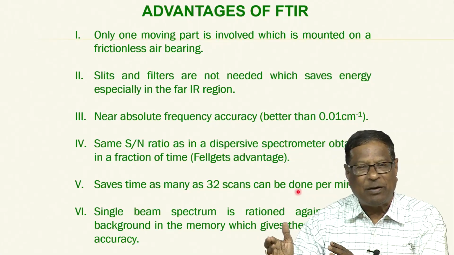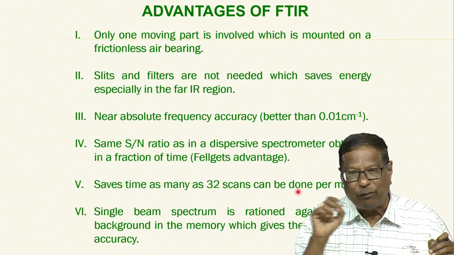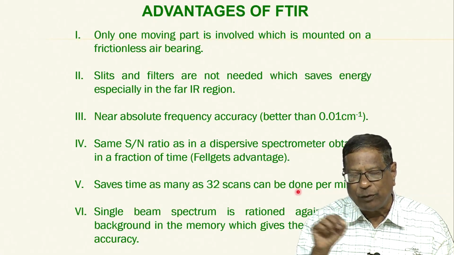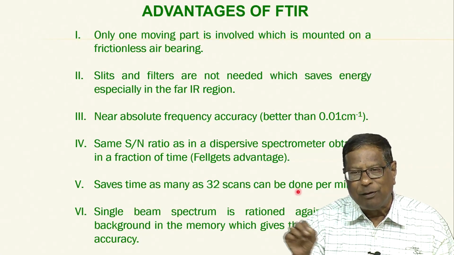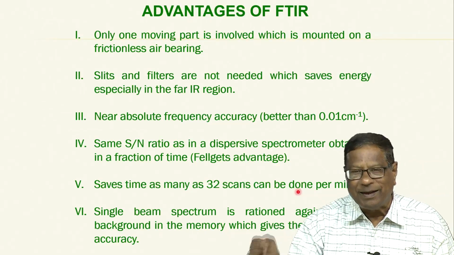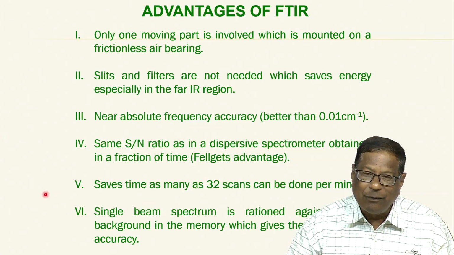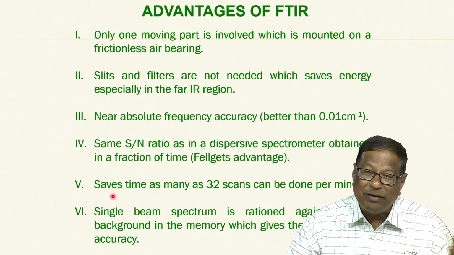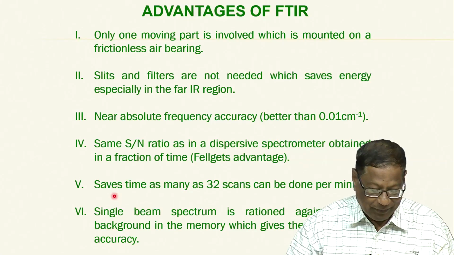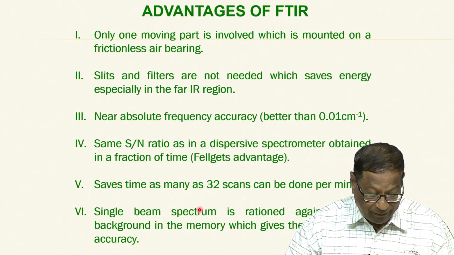How much time is required? You can calculate: per second 0.01, 4000, and then 4000 minus 0.01 is the next second, 4000 minus 0.02, next second, like that. But here it can be done in 1 minute. I can do as many as 32 scans, so I can average it out, and that is another advantage.